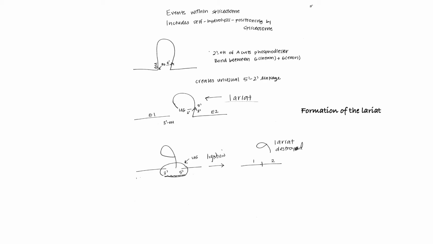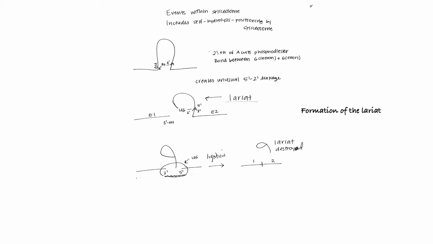So here's my rendition of this, which I think may help a little bit in describing what happened. Of course, these are some of the events that take place in the spliceosome, and it includes, as I've written, self-hydrolysis. That's carried out by that adenine in the intron.